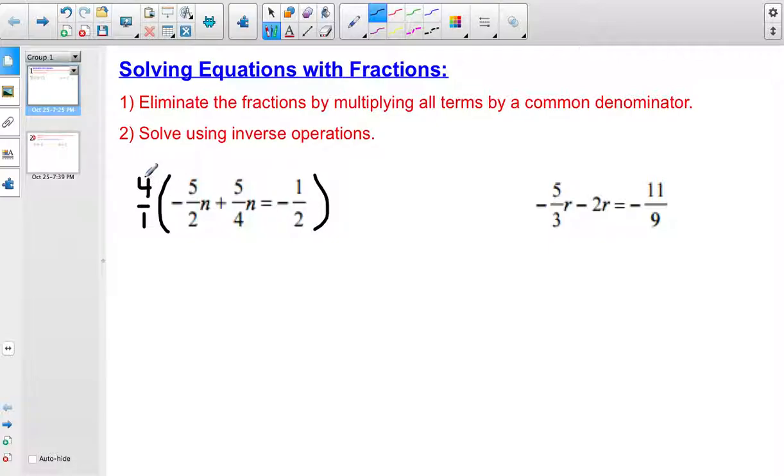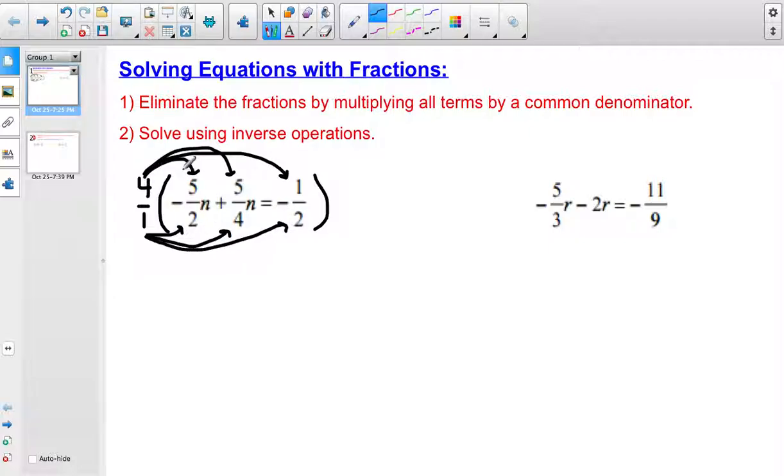Then I need to distribute this 4 in the numerator times each numerator of the fractions inside. And I need to distribute the denominator 1 times each denominator inside parentheses.